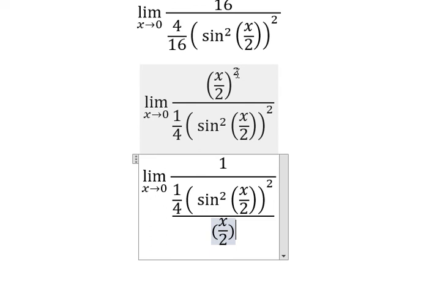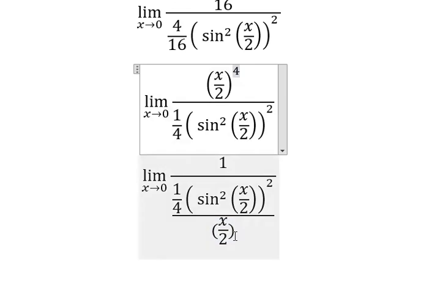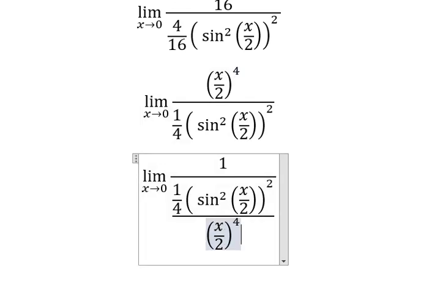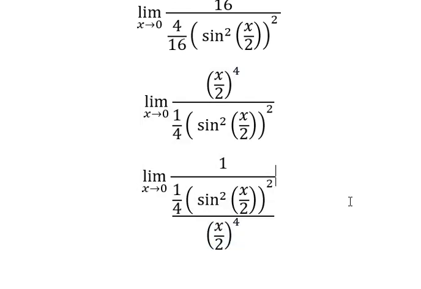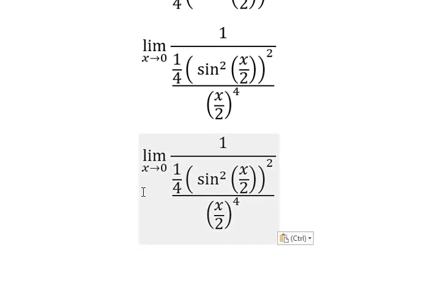Oh, sorry, we have number 4 in here. So in this one, I can put s over 2 to the power of 4 and number 2 go outside here. And now we have like this.